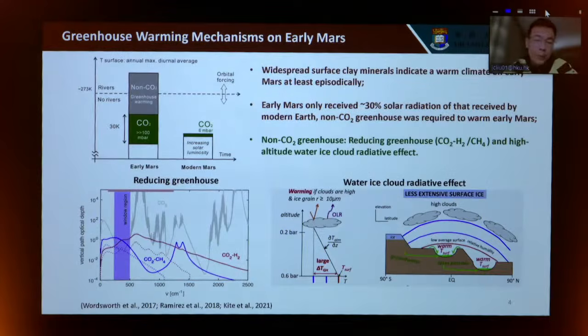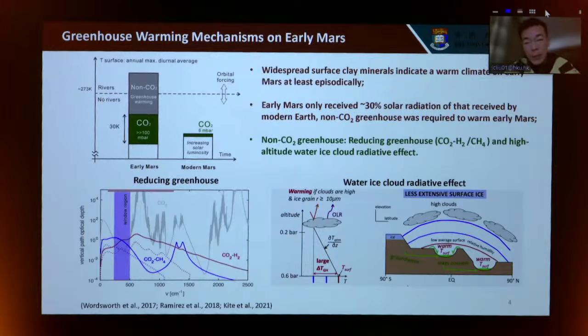However, it's not easy to warm early Mars because early Mars only received 13% of present solar radiation. A long-lasting CO2 greenhouse was required to warm early Mars. The most plausible mechanisms for a long-lasting CO2 greenhouse include a reducing greenhouse and the ice cloud radiative effect.